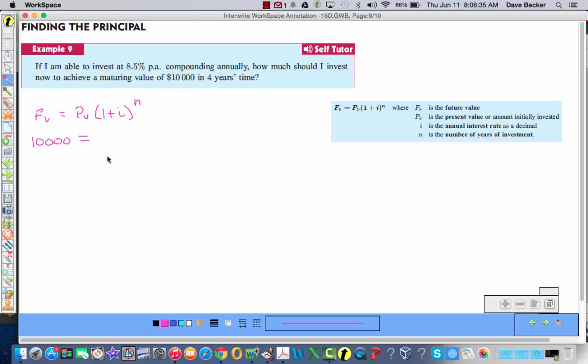Okay, and we're looking for PV. 8.5% is 0.085, so that's going to be 1.085. And they need this to happen in 4 years. So to solve for PV, I'm just going to divide both sides by 1.085 to the fourth power.